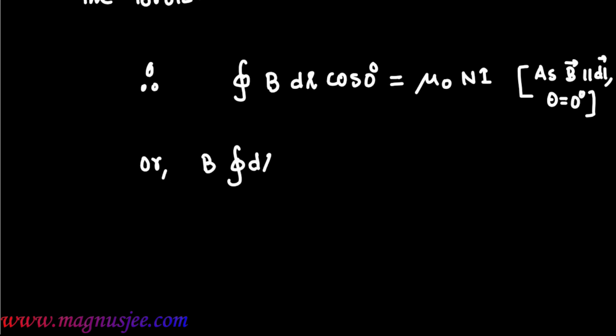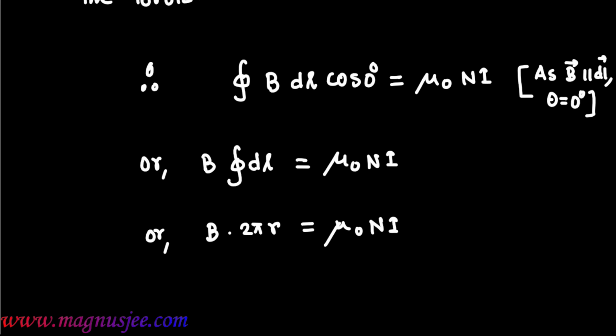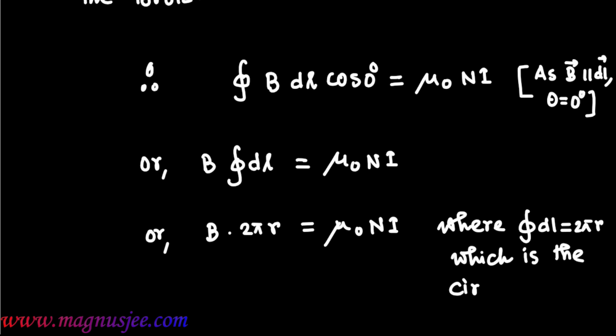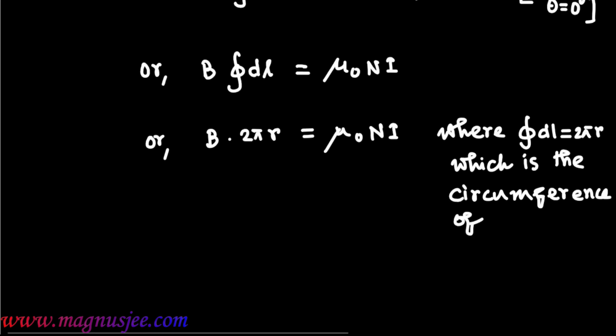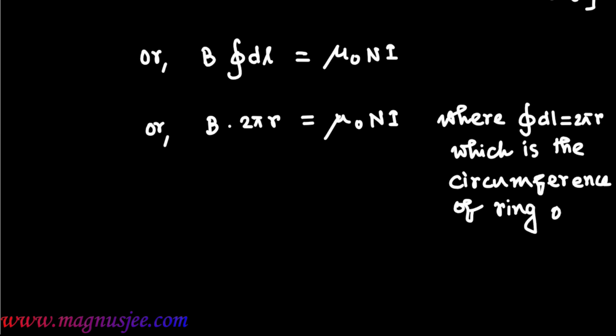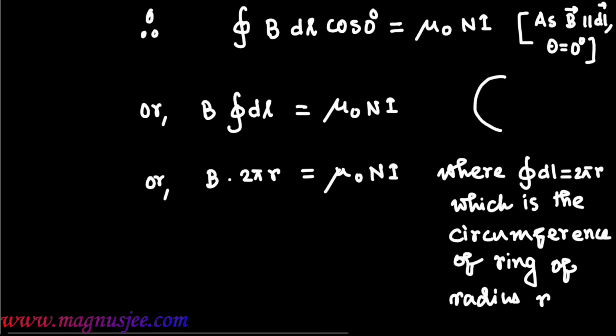Magnetic field induction B can be taken outside: B integration dl equals mu 0 N I. Therefore, B times 2 pi r equals mu 0 N I, where integration dl is the circumference of the ring of the toroid, integration dl equals 2 pi r, the circumference of the ring of the toroid of radius r.